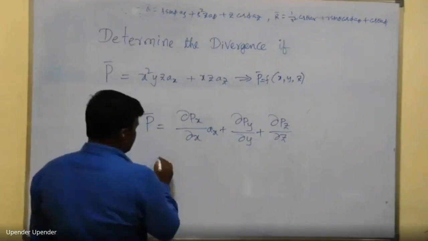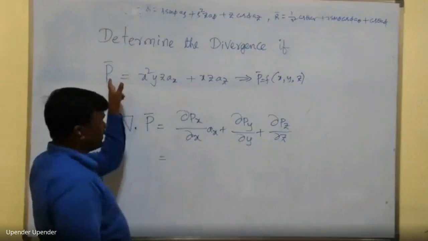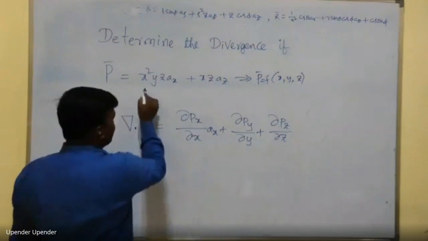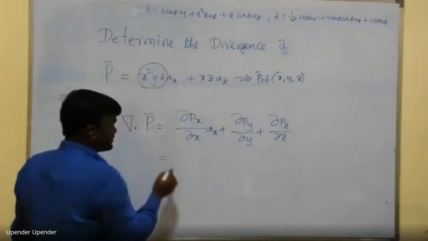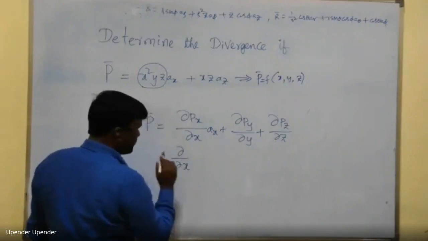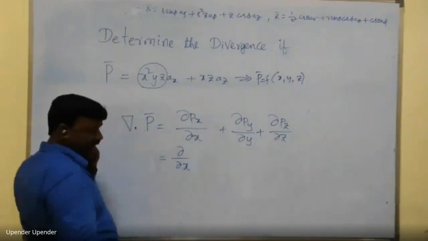Now, what is px? Px means the magnitude of this p vector along x direction. Sorry, actually divergence of any vector is a scalar quantity.